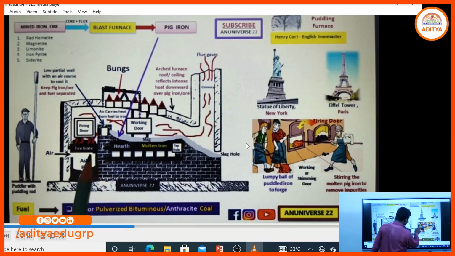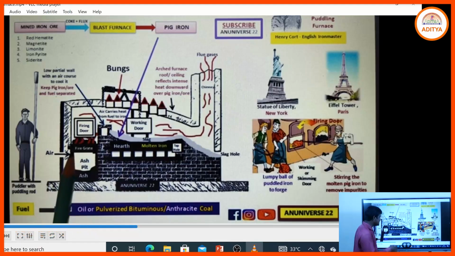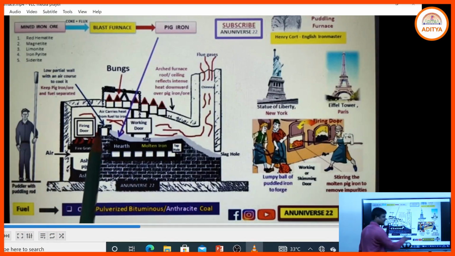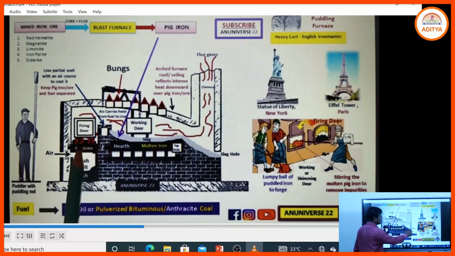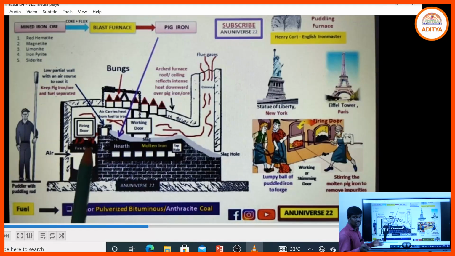Two persons take the molten metal using a ladle and carry the lumpy ball of it for forging. Sometimes the molten metal converts into a solidified portion. After taking the molten metal or ingot, they convert it into particular parts as per our requirements. That is the main thing about the puddling furnace.